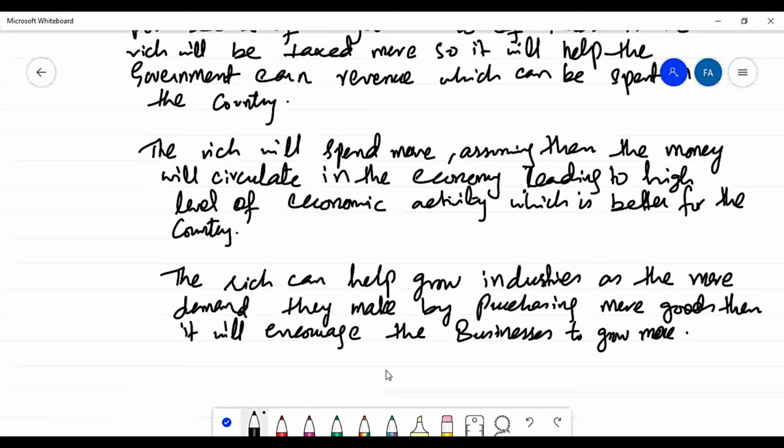If people are purchasing more, then obviously the businesses in the market are encouraged this way, and once they are encouraged, they can grow better to their full potential.